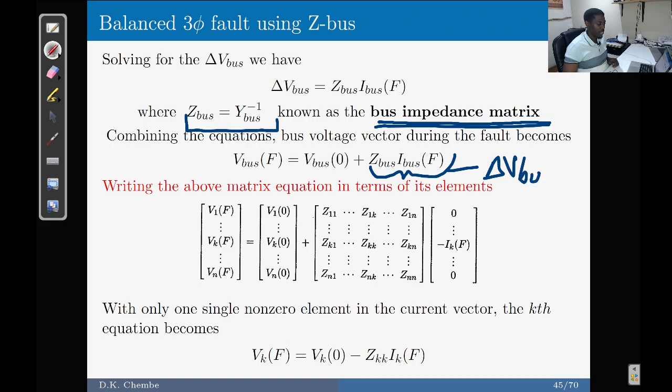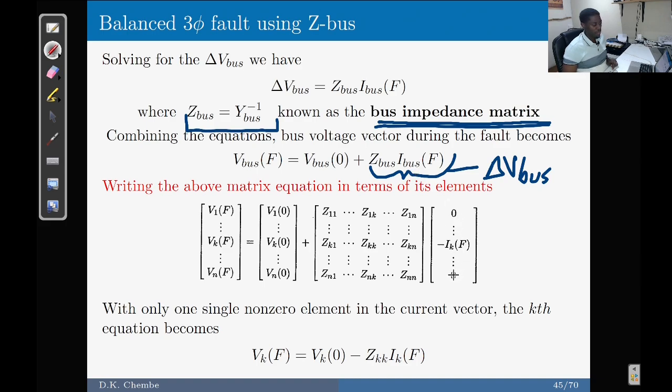So from this equation we can determine the bus voltages during the fault, V1 to Vn, to be equal to the initial bus voltages, V1 to Vn, plus the change in bus voltage, which can be solved from the bus impedance matrix multiplied by the fault current at the bus.